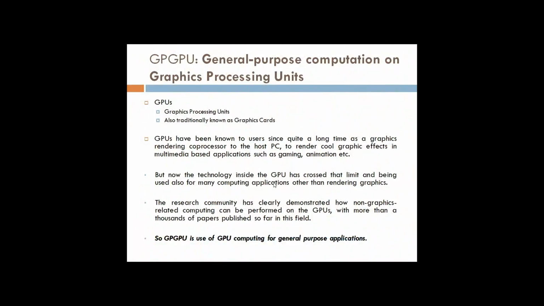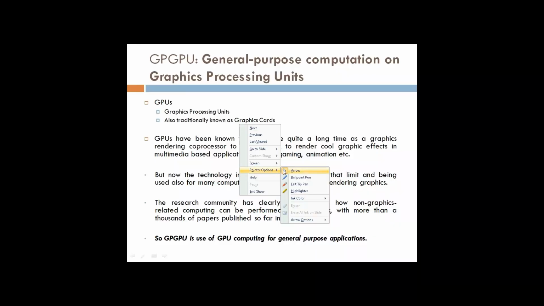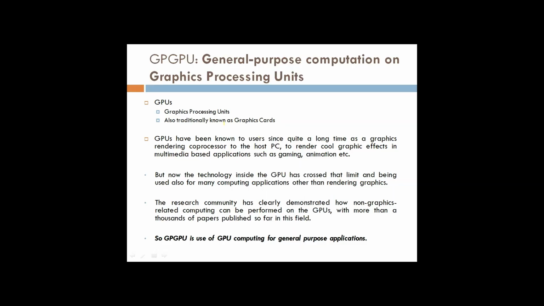So let's start with this basic discussion, general purpose computation on the graphical processing units, right? Traditionally, these are known as graphics cards. I just want to turn on my highlighter so that you may see which part I am talking about.